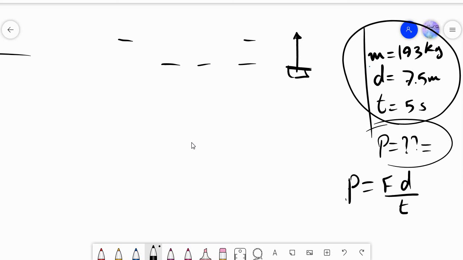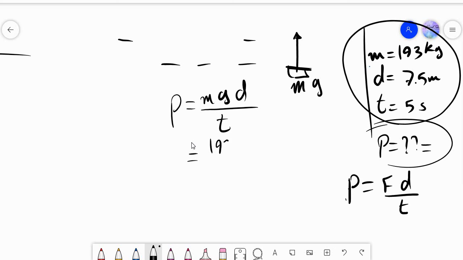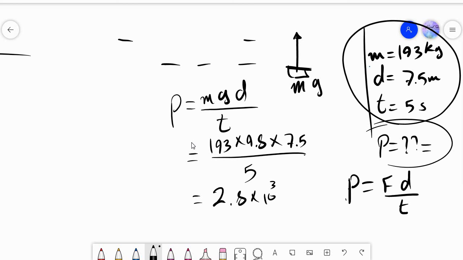F here will become the weight, and you know that weight is m g. So we can write the formula like that: P equals m g d divided by T. When we substitute, m is 193 times 9.8 times 7.5 divided by 5, which equals at the end 2.8 times 10 to the power 3 watt, or we can write it as 2.8 kilowatt.